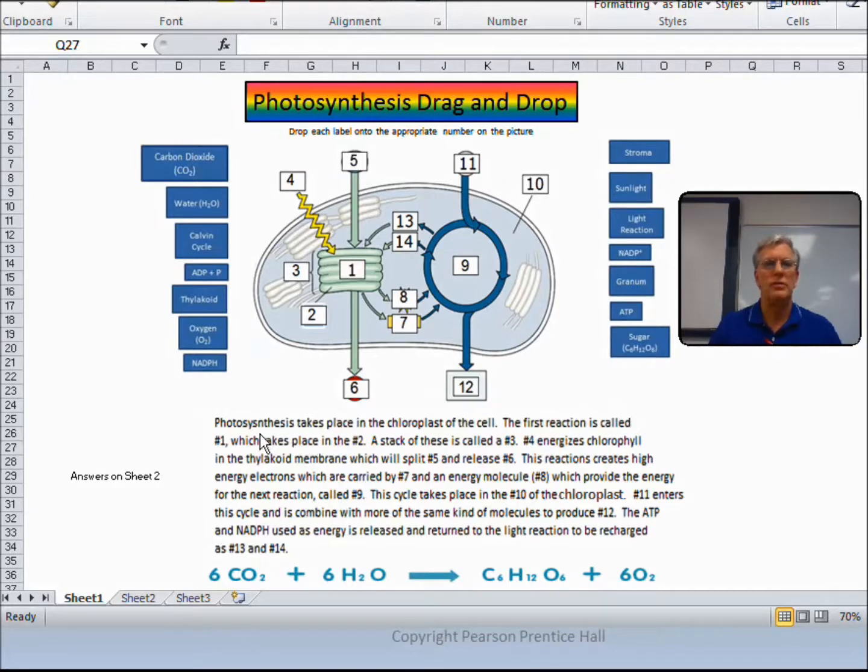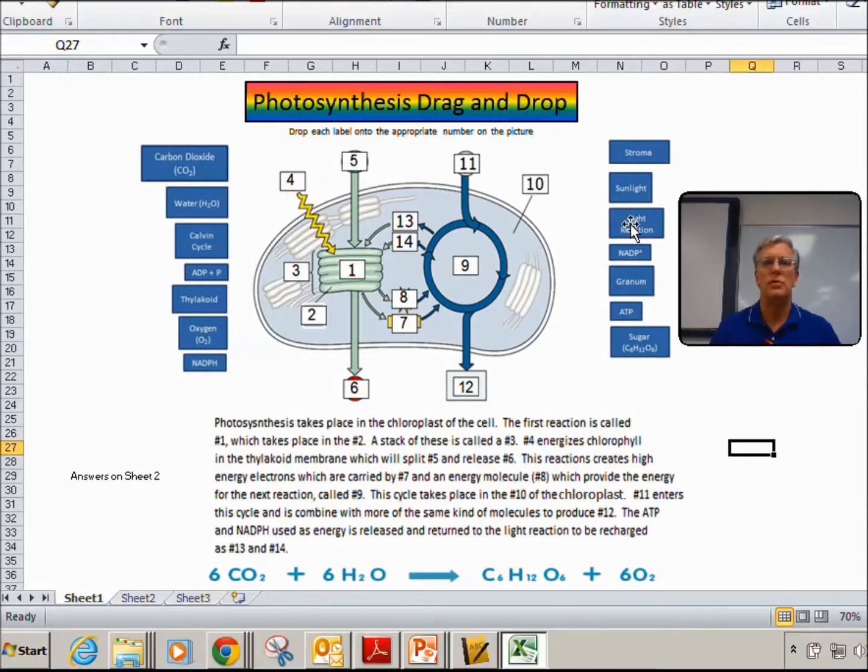So for instance, photosynthesis takes place in the chloroplast of the cell. The first reaction is called the number 1. All right, so drag what that is. The first reaction is called the light reaction. So let's drag that over here, which takes place in the number 2, in the thylakoid, number 2.